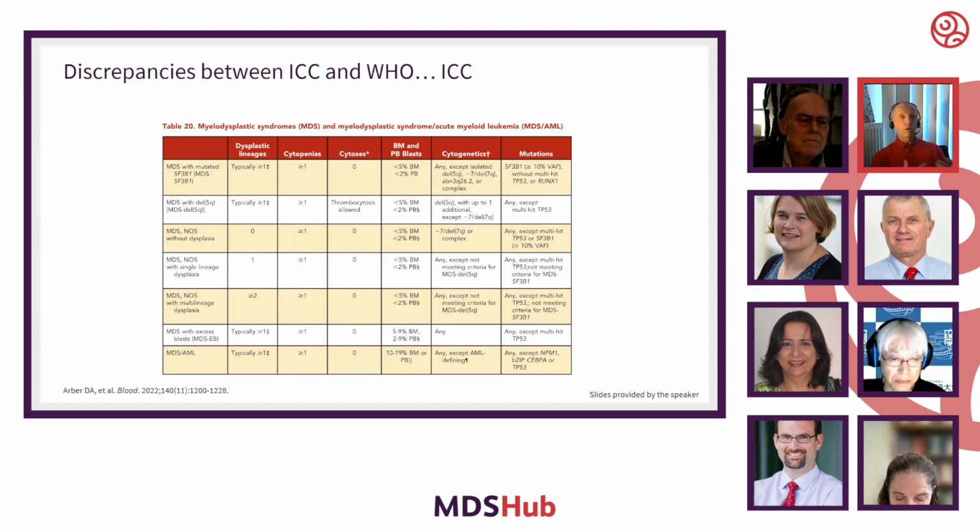And it's unclear what is being designed. I'm afraid for some centers it's to increase the number of patients in their trials. It could also be interesting if it allows patients to have, for example, AZA plus VEN with lower blast counts.